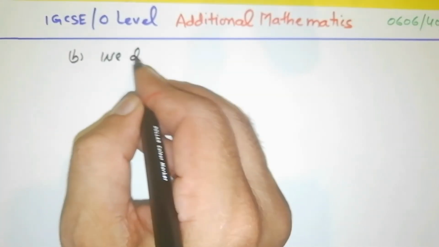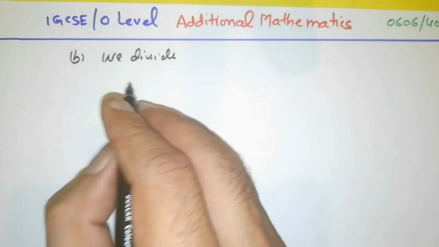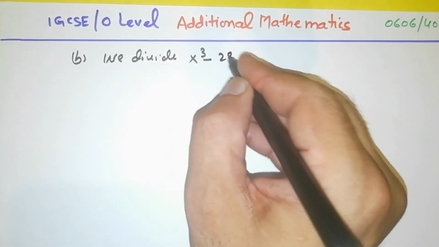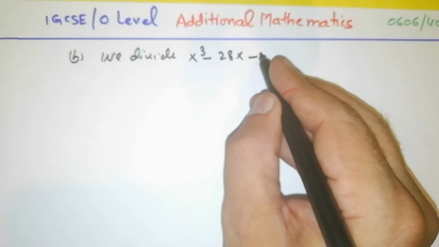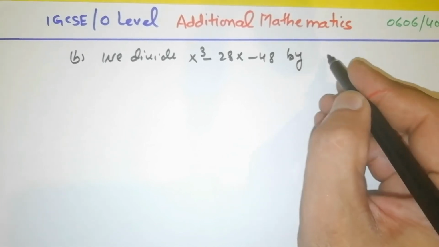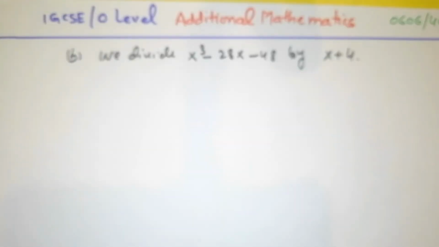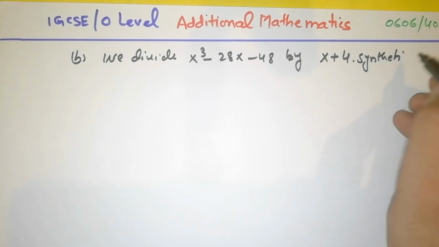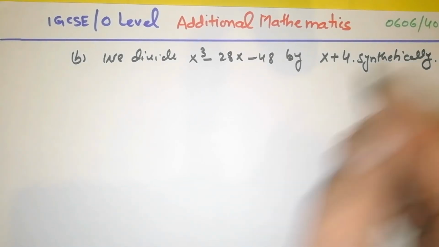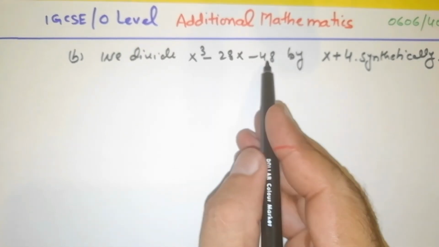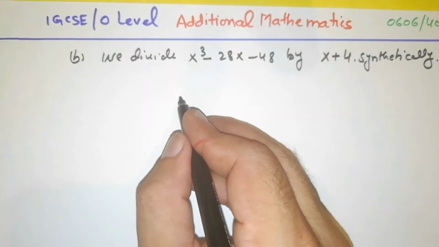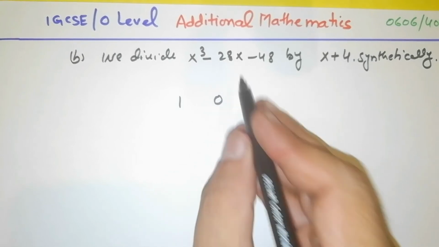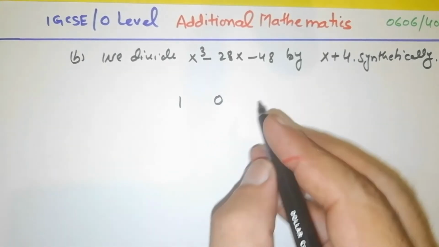We divide this polynomial, x cube minus 28x minus 48, by x plus 4 synthetically. So first of all we write the coefficients of this polynomial. Meaning 1. There is no square term, therefore the second degree term is not here, so we write its coefficient to be 0.